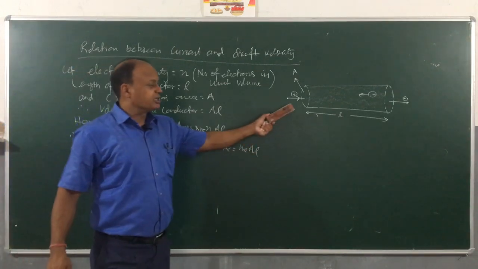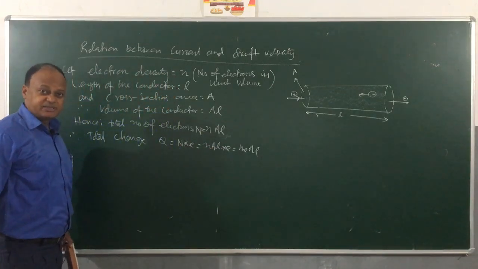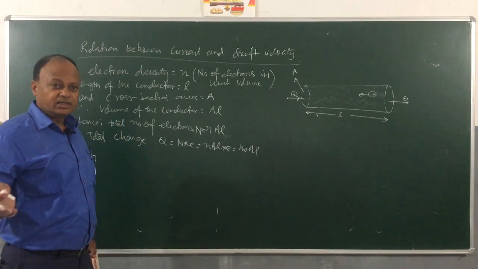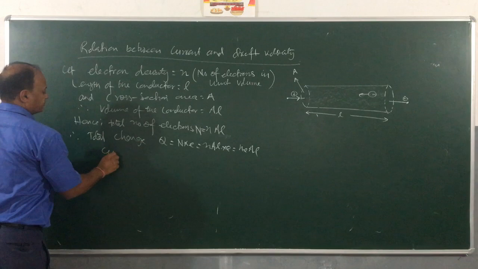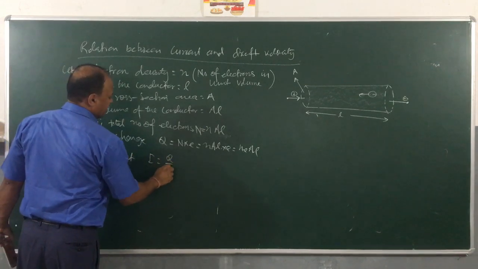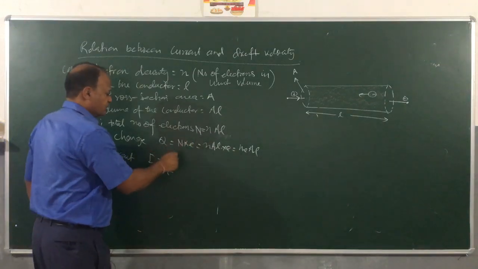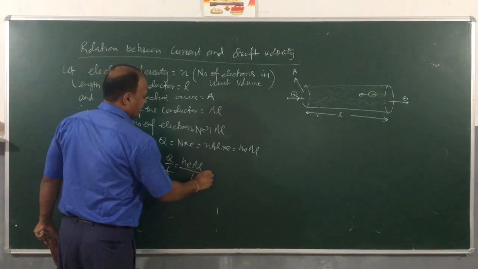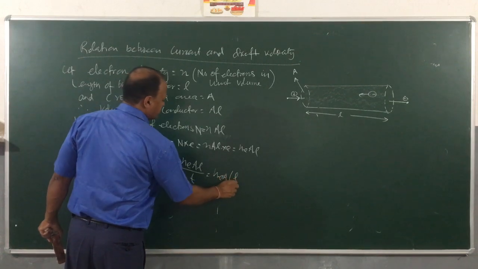So when I apply this potential difference, all the electrons start drifting at the same time, and a current is set up in the circuit. Therefore, current I will be Q by t. Q is how much? n e A L divided by t. I can also write n e A into L by t.